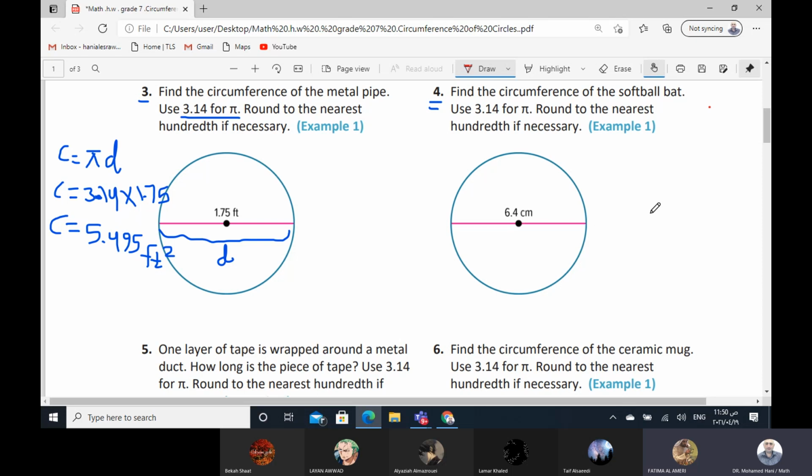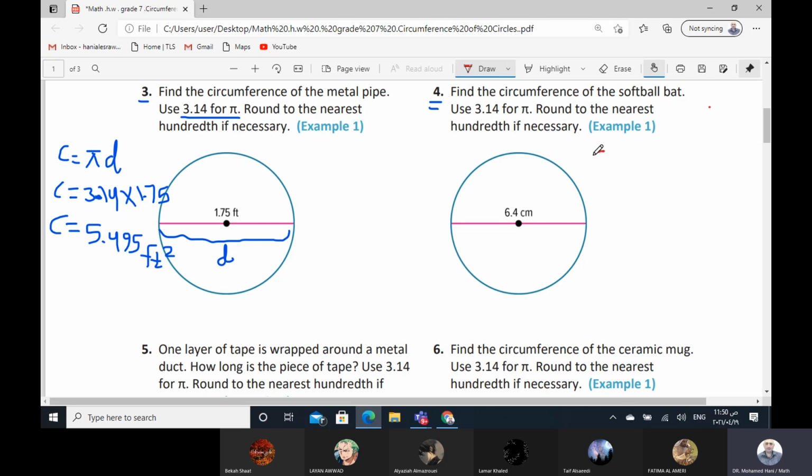Find the circumference of the softball bat. Use 3.14 for pi. Round to the nearest hundredth if necessary. Thank you. So as you see, we have the diameter 6.4, and we know the pi, and we want to find the circumference.